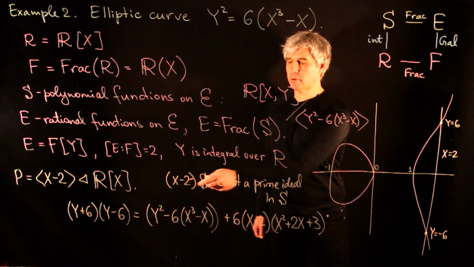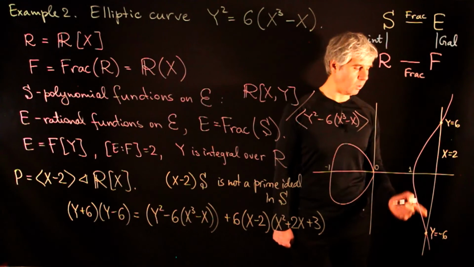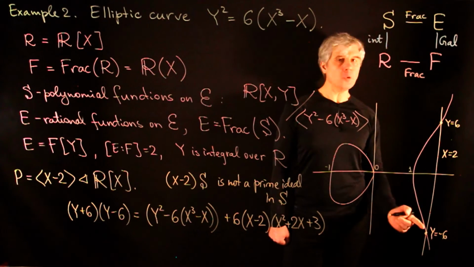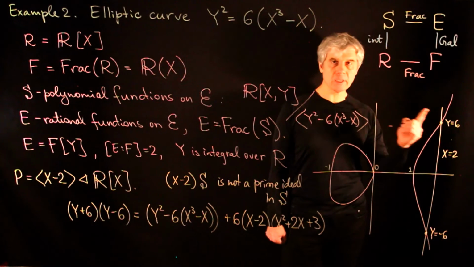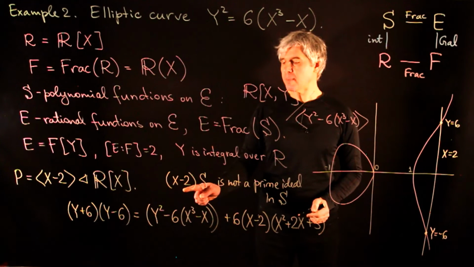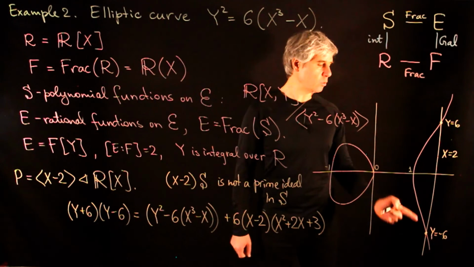And then this quotient ring may be interpreted as a ring of functions on a set of 2 points. But the ring of functions on the set of 2 points is R plus R, and this ring will have divisors of 0.